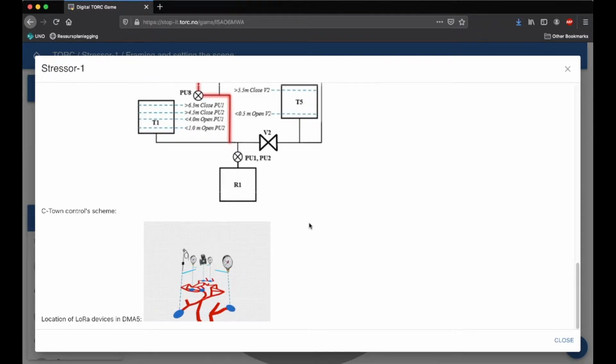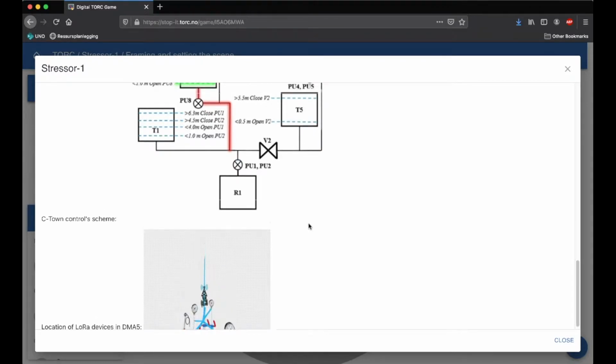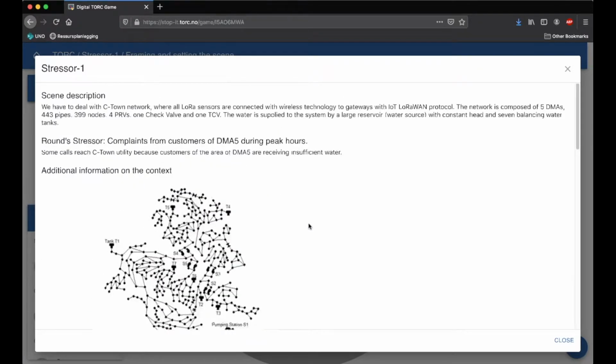We imagine in this C-Town network all LoRa sensors and actuators connected with wireless technology to gateways with the LoRaWAN protocol. And the network, as you can see in the first image of the additional information just a bit below, is composed of a lot of DMAs.